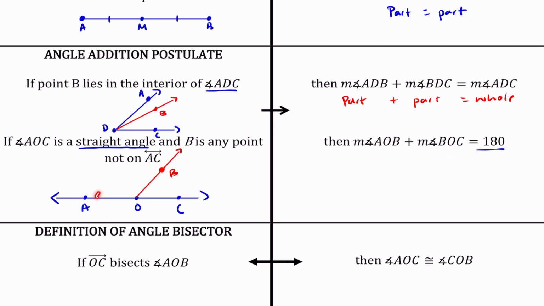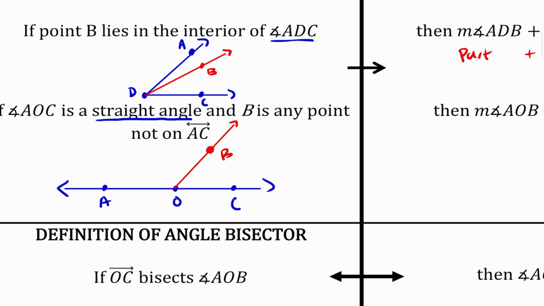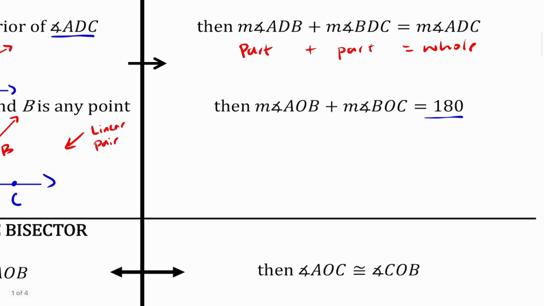That's going to add up to 180 degrees. So this is an example of a linear pair. These angles that are stuck together and form a straight line will add up to 180 degrees. So linear pair is basically a straight angle.